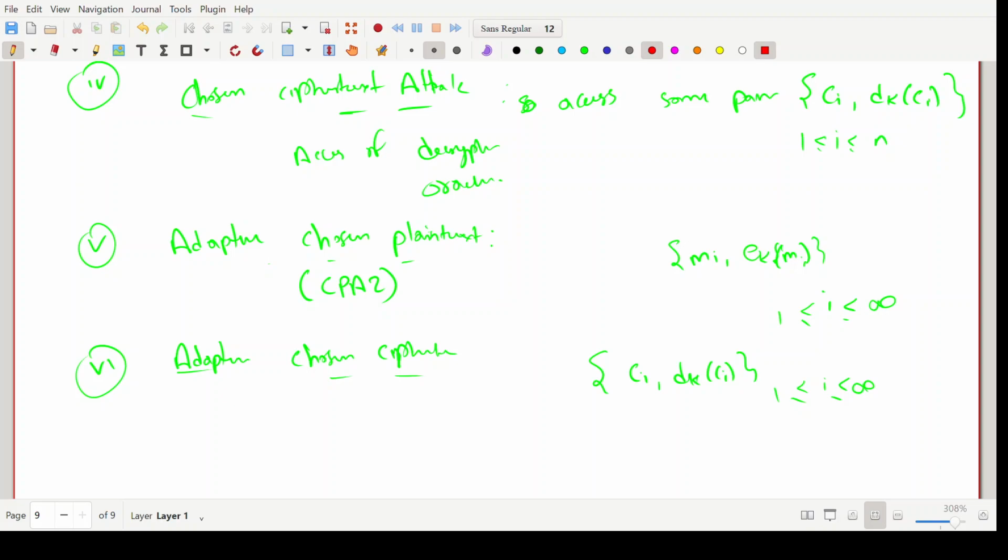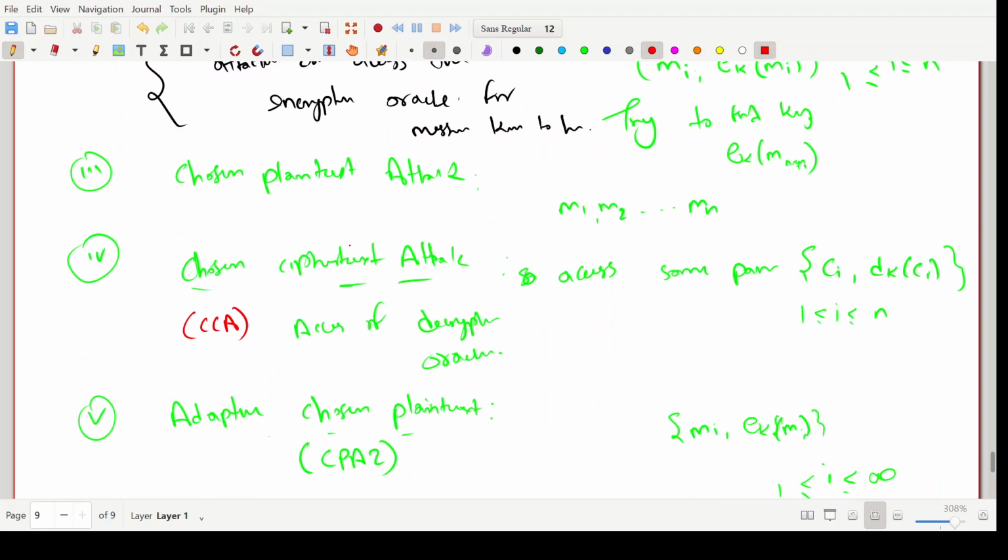Hence the attacker can encrypt any message, and therefore there is no sense of CPA or CPA2 in public key encryption. Thus we test the security of encryption in PKC against CCA or CCA2. This is CCA2. This is CCA, and here this is CPA.